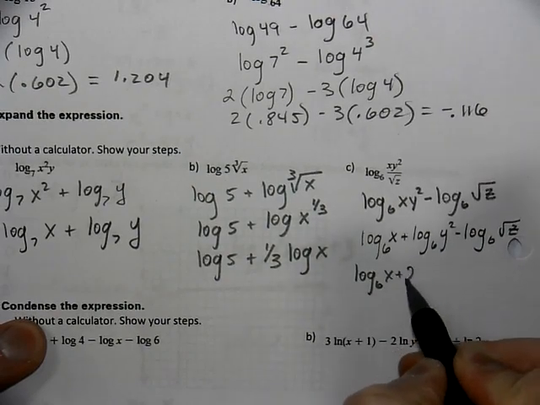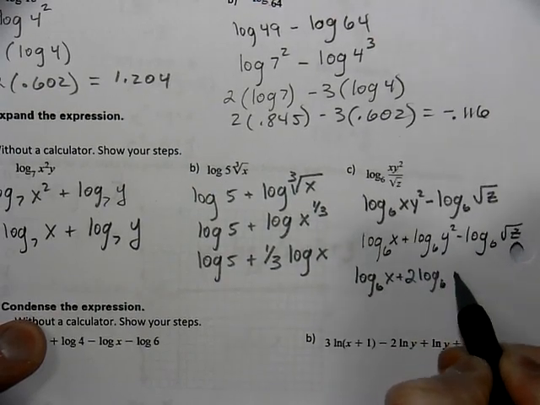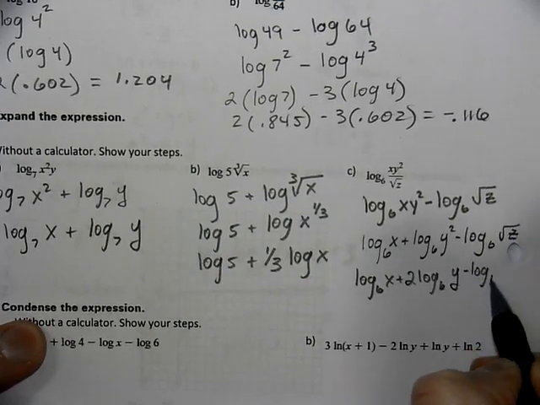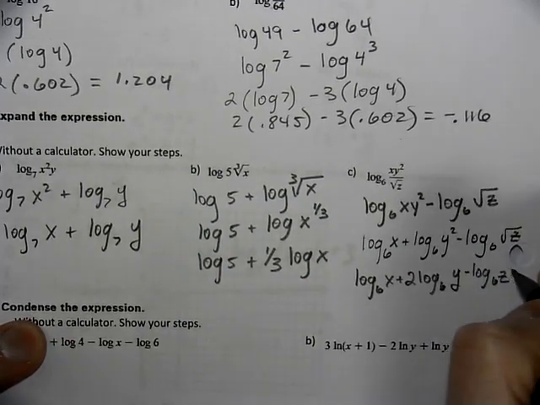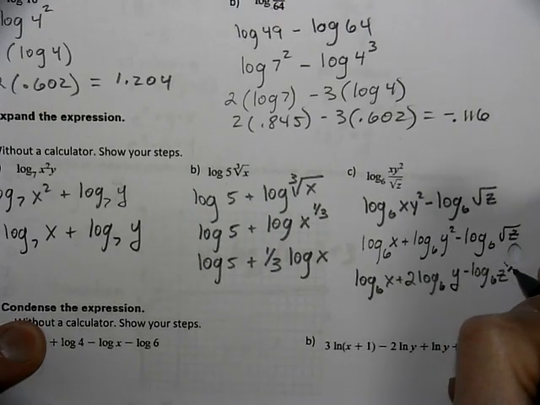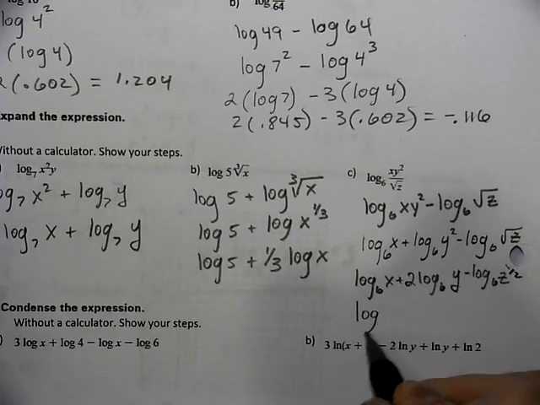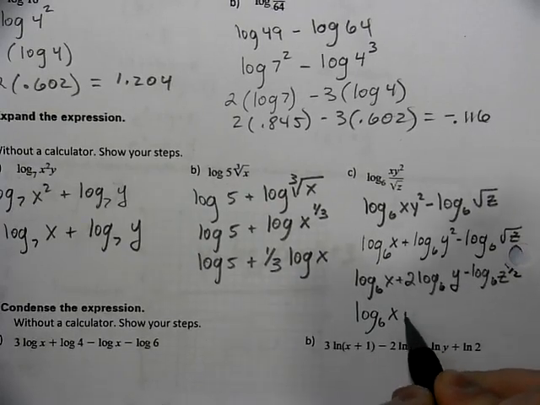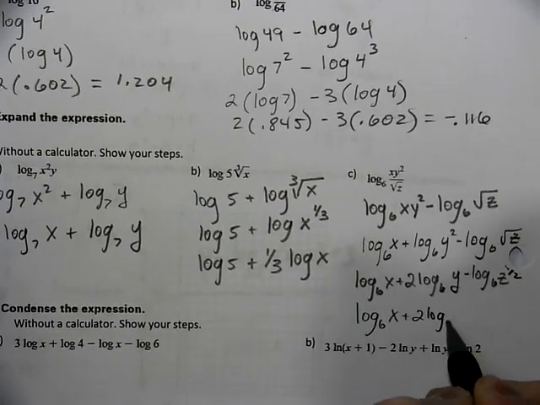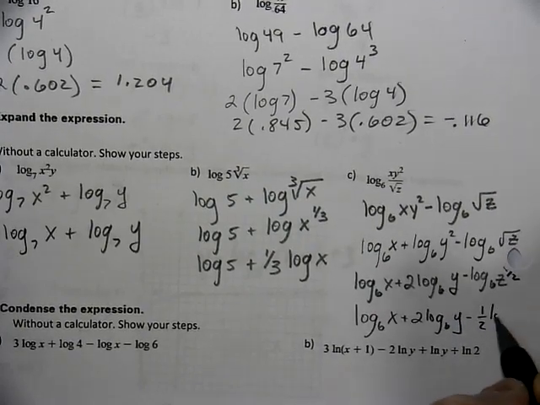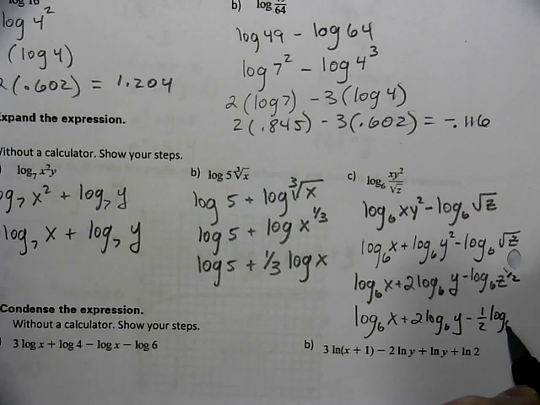We can bring the 2 in front of the log base 6 of y. And I know that log base 6 of z to the half power is the same thing as the square root. So I'm going to bring that in front of its own log.